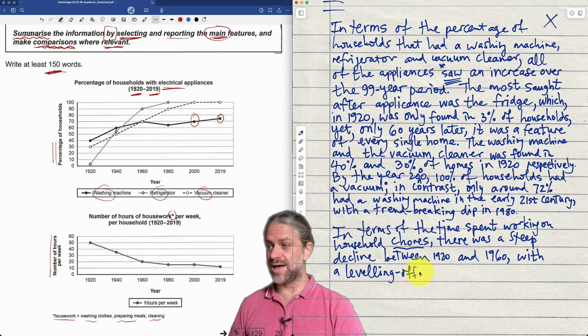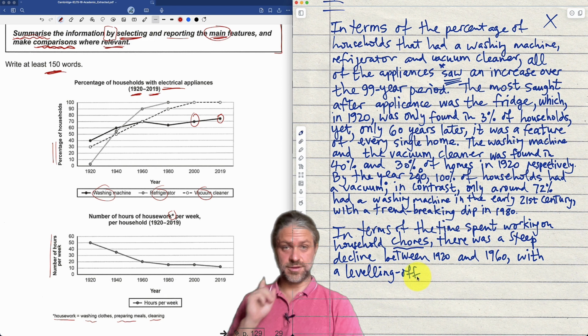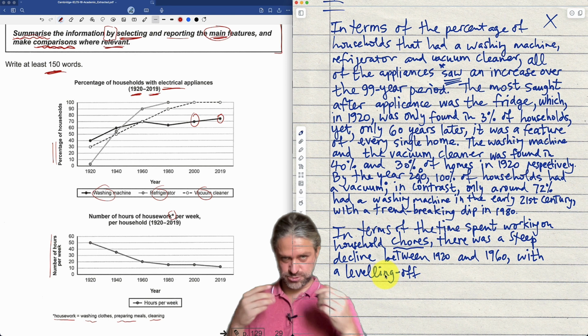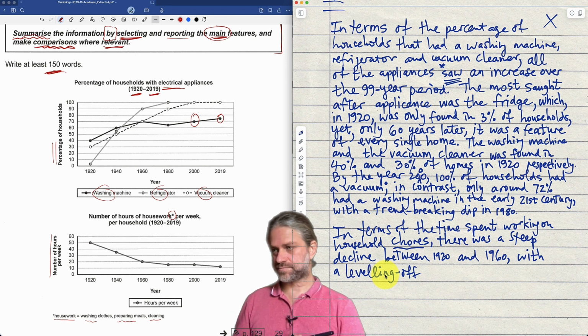Now this has become a noun. A leveling off. Nouns, when they look like this, it's very uncommon actually. This is not a particularly common way of writing, but it's perfectly acceptable English. A leveling off needs to have a dash between it, or technically it's called a hyphen.